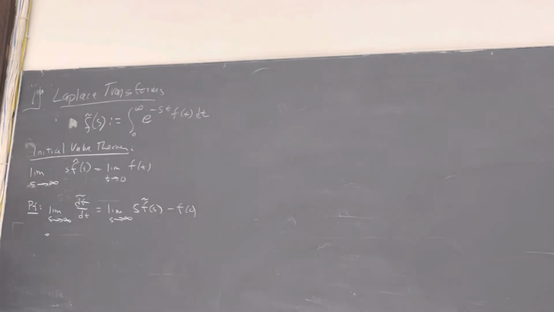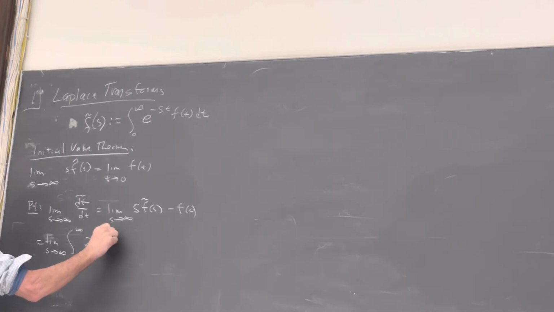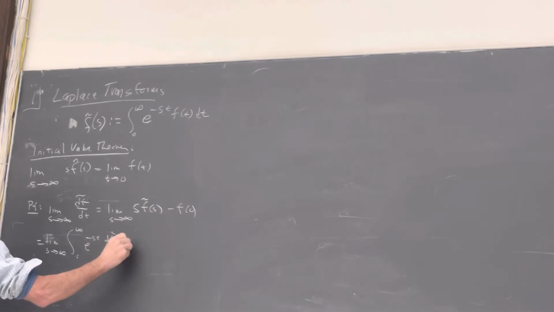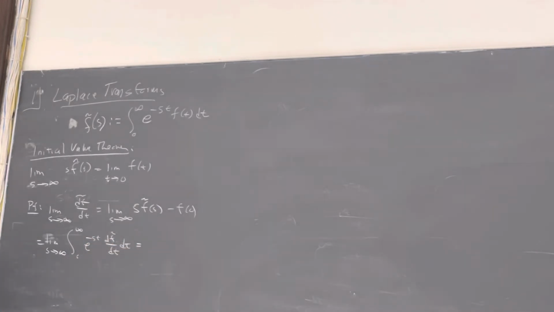And now let's go back to the definition. The definition is the limit as s goes to infinity of the integral from 0 to infinity of e to the minus st df dt dt is equal to. Well, again, I'm going to presume that I can switch the limits. I can bring this inside.